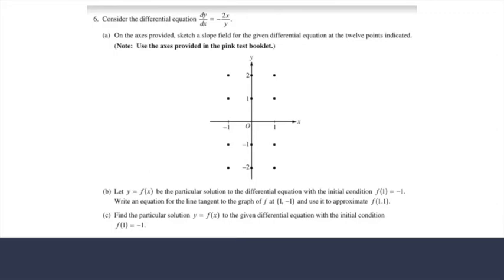I'm posting this in Classroom so that in case you're not seeing it well on the video, you can look at the PDF version of it. I want you to give it a shot. You've got 12 points for part A that you need to sketch the slope lines for. As far as the AP graders are concerned, they don't have to be perfect, but if you have a spot that has a slope of 2, it needs to be steeper than the line that has a slope of 1.